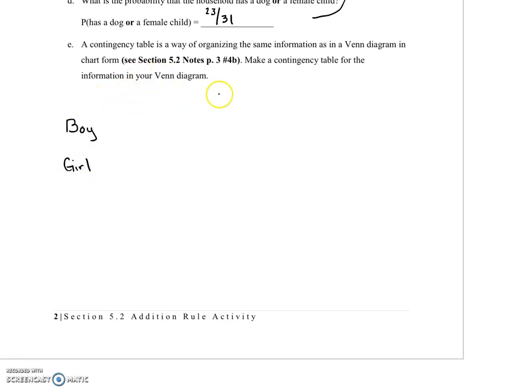And then we're going to put the type of pets across the top. So for pets, we have cats, we have dogs, and we have both, and we have neither. So we'll just make a little chart here.